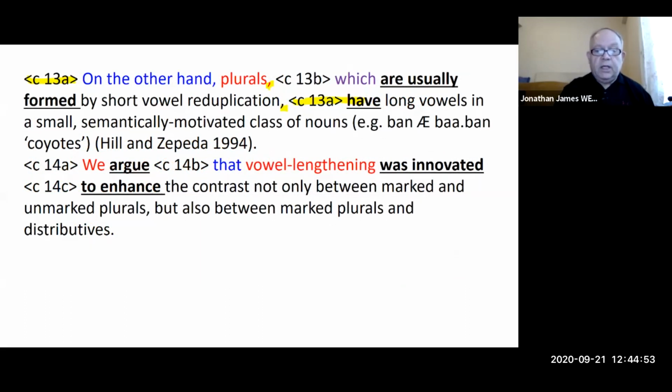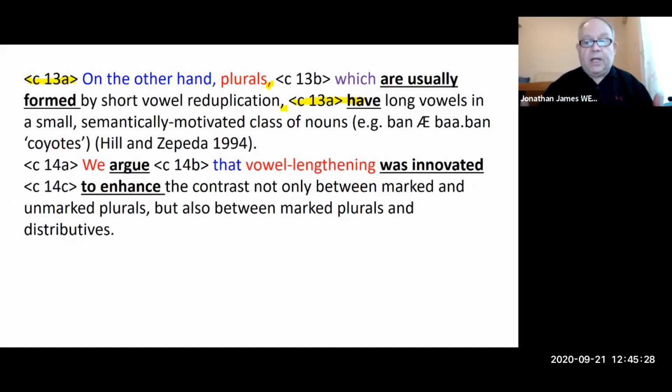Okay, I think that we had gotten up to 14. We, again, grammatical subject, argue, that vowel lengthening, all right? Again, this is a projected clause. Do you see something else that we continually see, and that is the use of verbs that, because this is the abstract for an article, it is telling what they wrote. It's sort of summarizing what they did in the abstract.